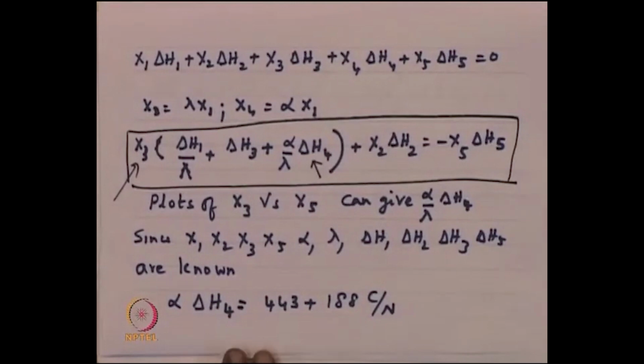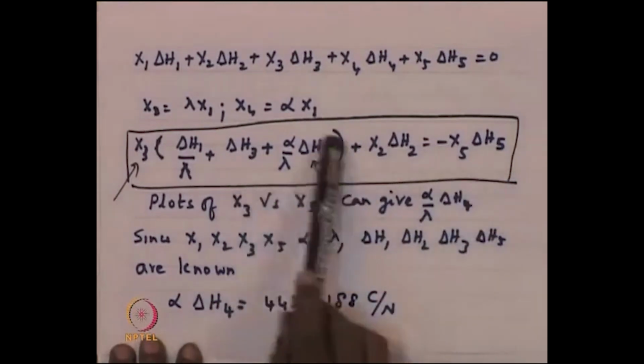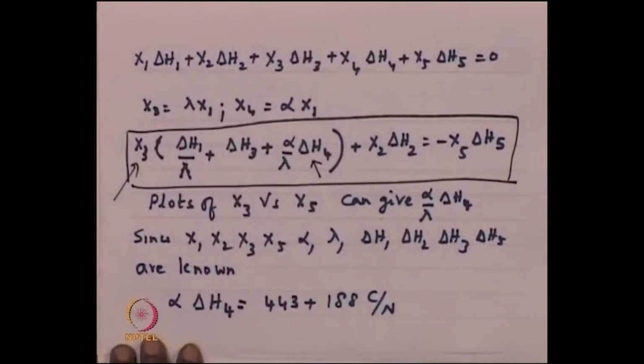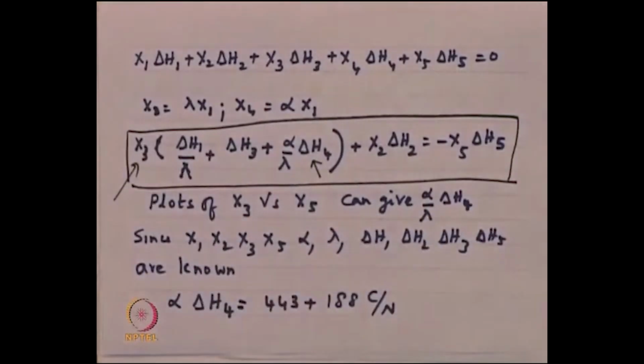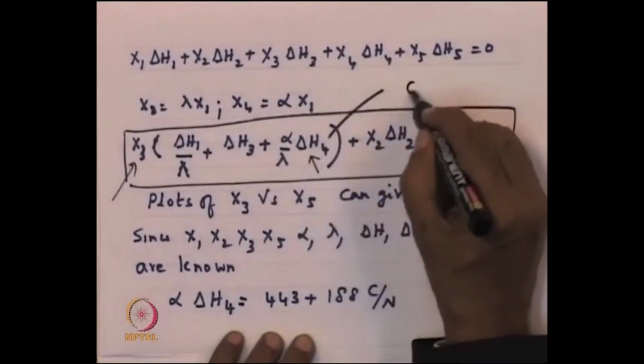So from the slope you can find out the value for delta H4. Is that clear what I am saying? We have done these experiments for each C/N; you can do this for every C/N.